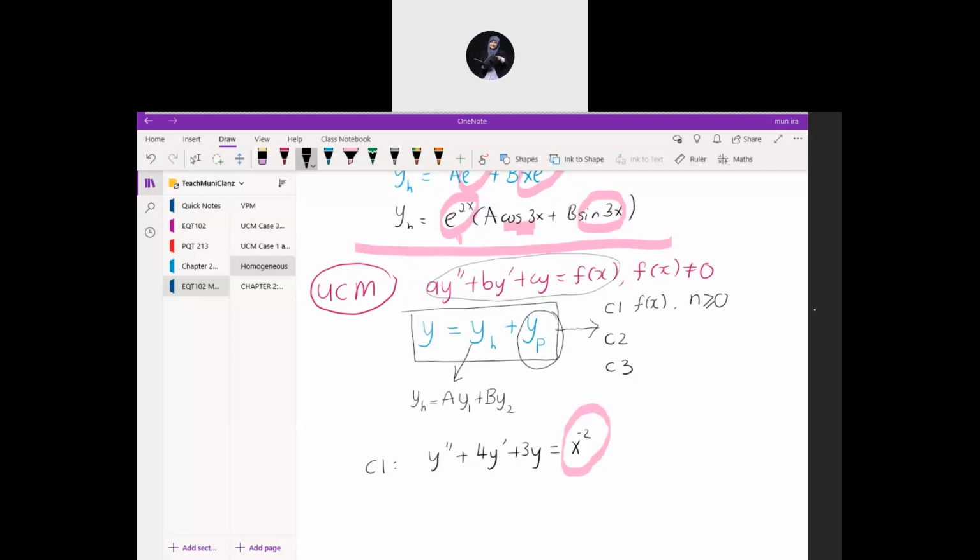Afiq. Just to make sure that Afiq didn't go to the toilet or watch Netflix. So please answer me. Can this equation be solved by using UCM? Afiq? Can. Why can, Afiq? Why can?